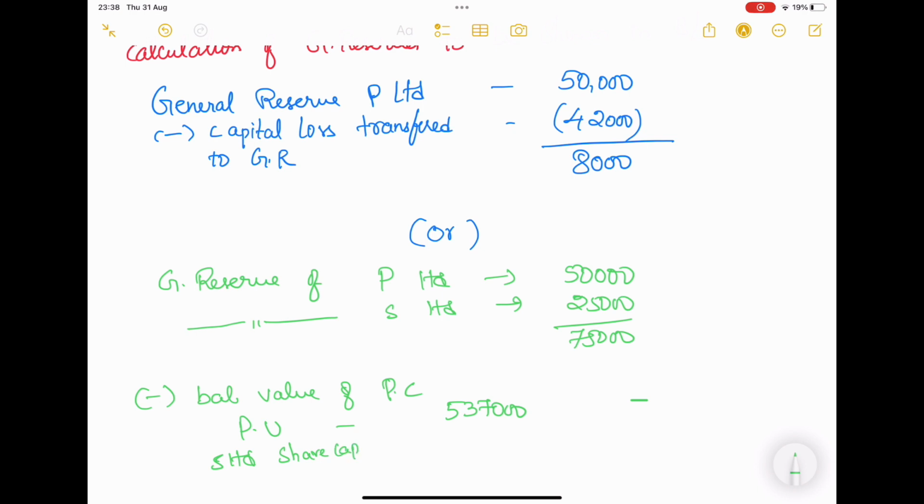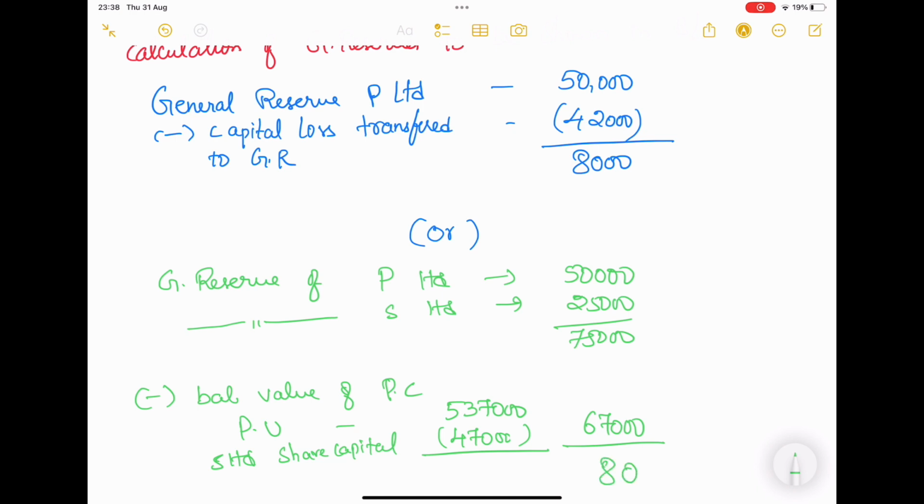We are going to deduct this. 4,70,000 is the value of S Limited capital. Minus it. If you minus it, we will be getting 67,000 as the value. This 67,000 and 75,000 will be deducted again. So the balancing value will be 8,000.